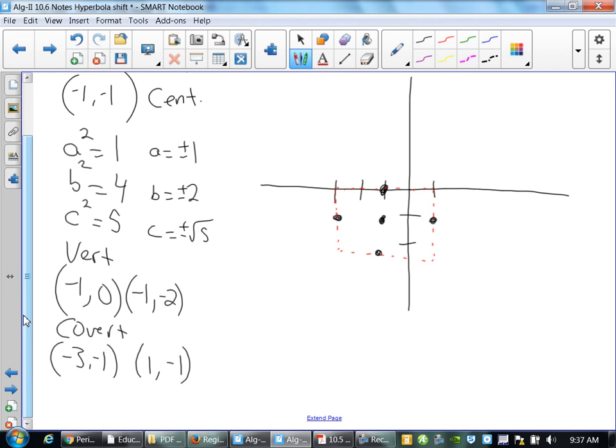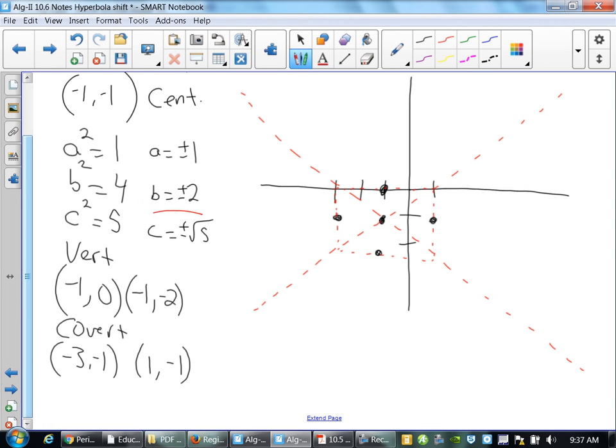I still don't know how to say it. All right, slant asymptotes, excuse me. We'll come back to the slopes of that in one second. I want to put in the foci while we're thinking about it.